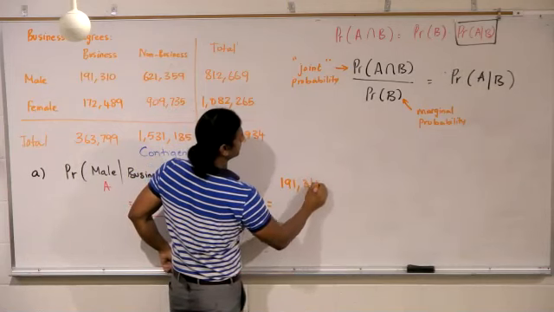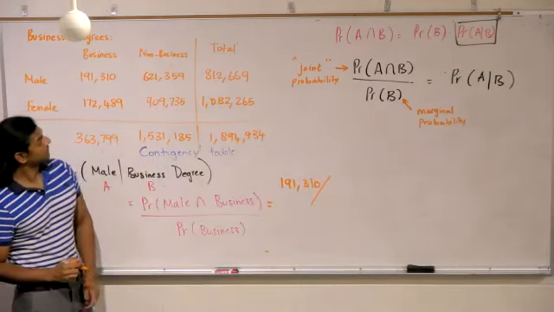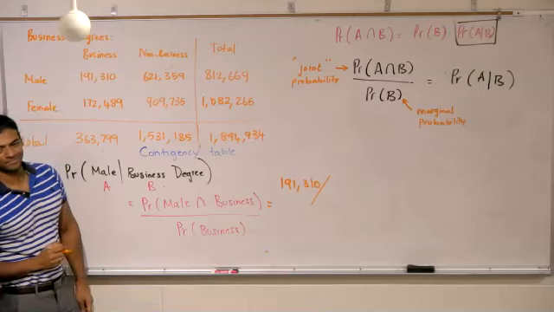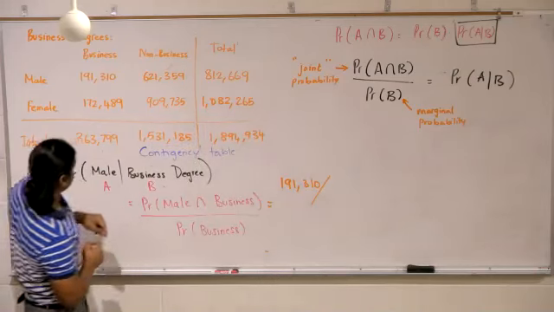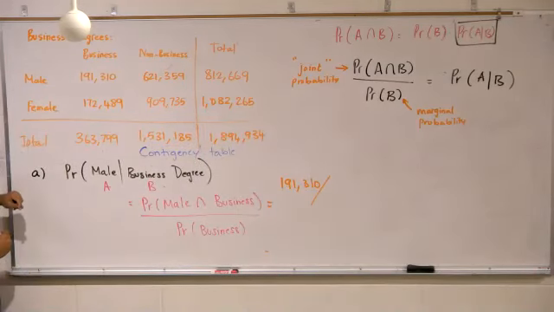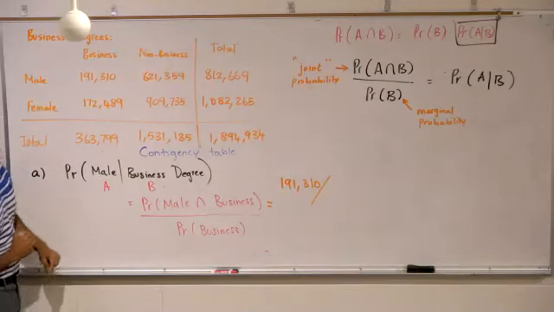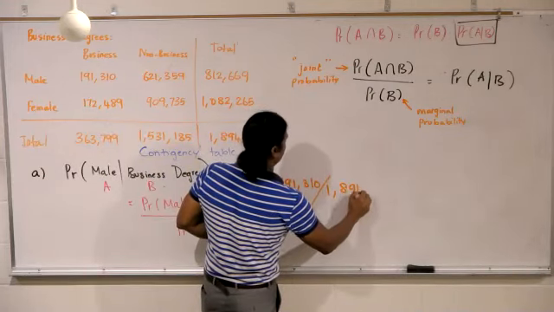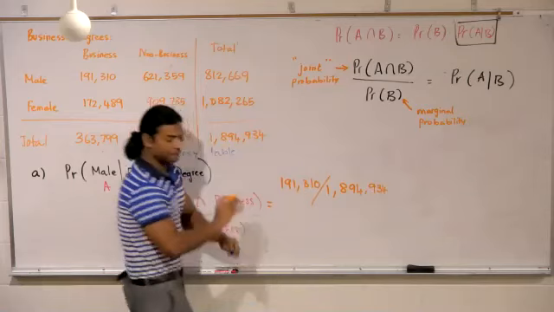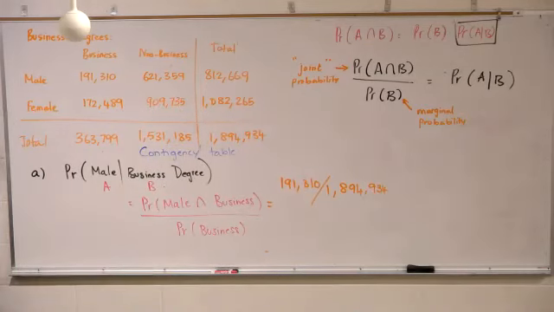And what is our total? 363,799. Divided by the total, 1.8 million. What is the total? 1,894,935. With respect to the entire population, how many of them are male and have a business degree? Call the total and we'll get to your number soon.